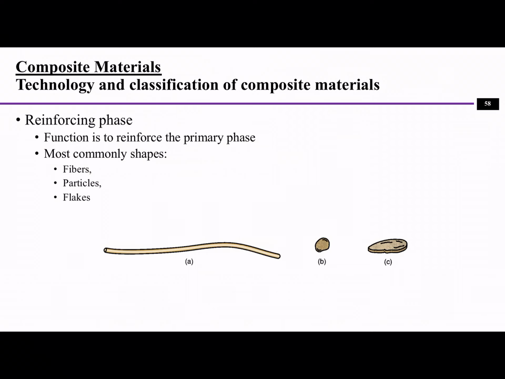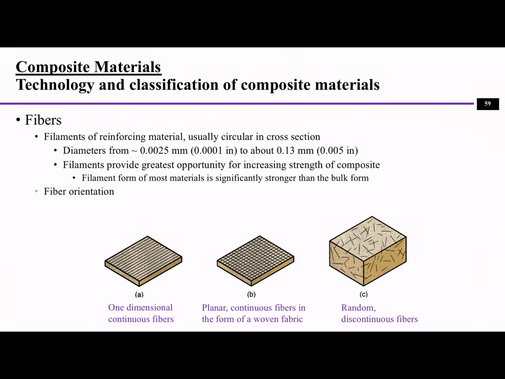In terms of the reinforcing phase, there can be different shapes. The typical shape is fiber, and sometimes it's particles, and sometimes flakes. These are the three most common shapes.